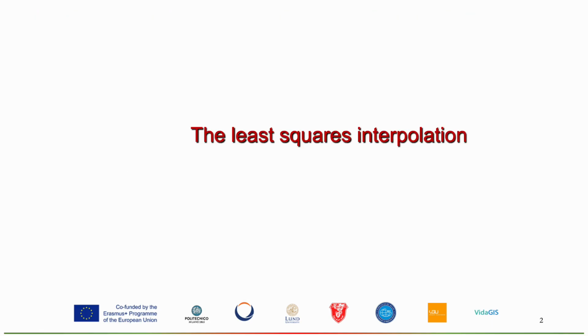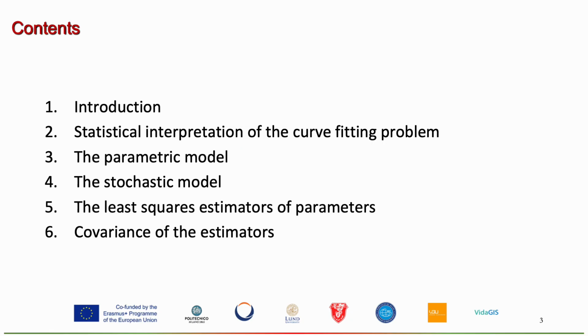Today in this lecture we are going to deal with the least square interpolation, or in general the least square estimator. Why did I decide to discuss specifically least squares?